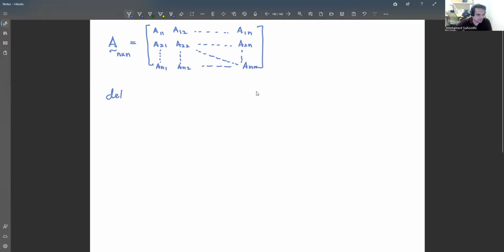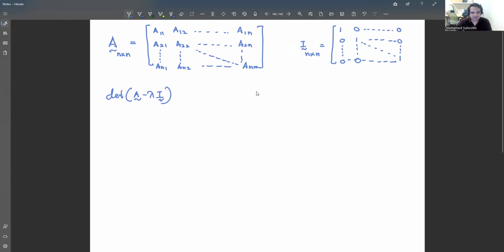Then the determinant of A minus lambda I. The identity matrix has only diagonal entries, an n by n identity matrix: 1, 1, and so on, with 1 along the diagonal and everything else 0. So this is actually an n by n matrix, and lambda appears here.